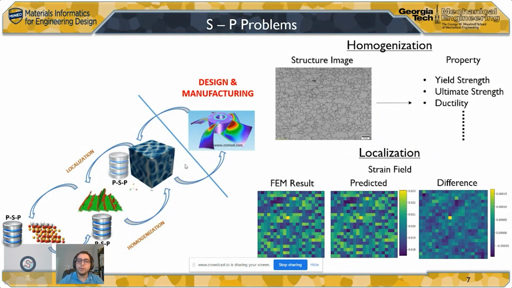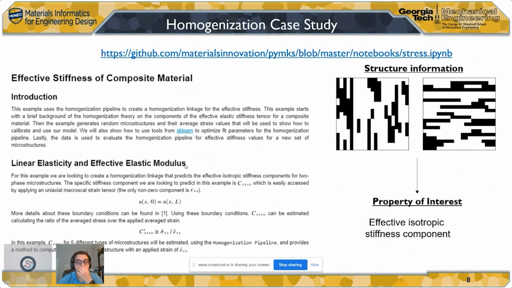In a bulk component, if you apply some condition, for example strain fields, you try to understand the local points of the strain in the microstructure. That's the kind of example I gave in the talk, and we have multiple notebooks in the PyMKS repository and at pymks.org that walk you through both homogenization and localization cycles.